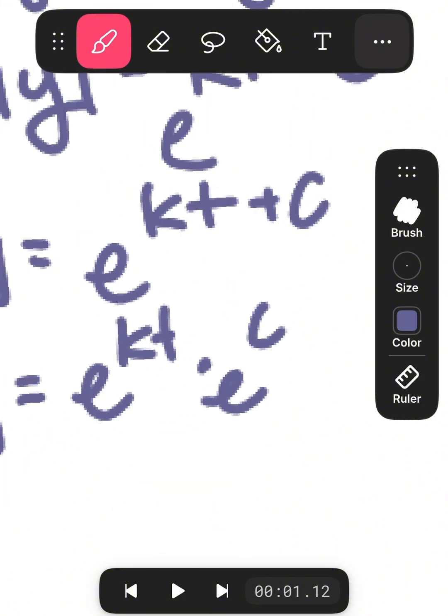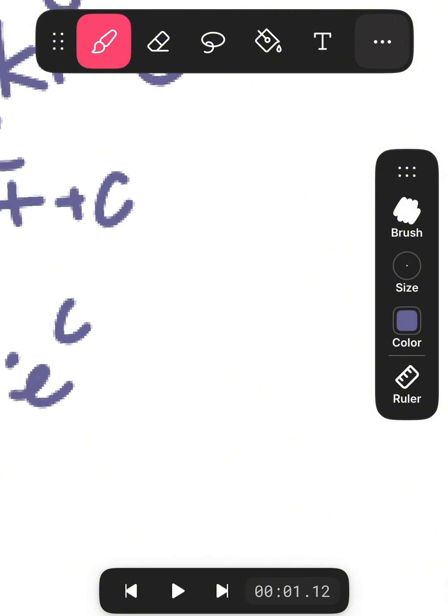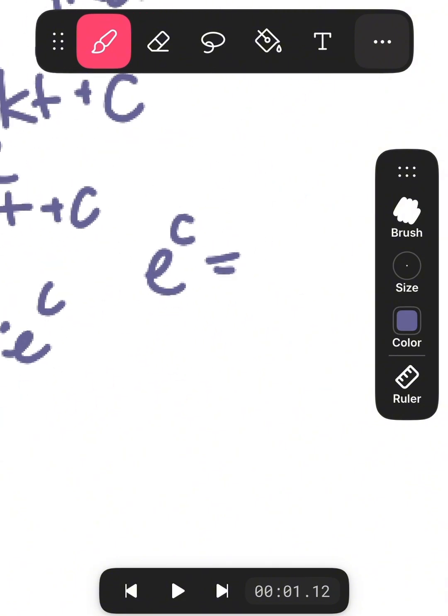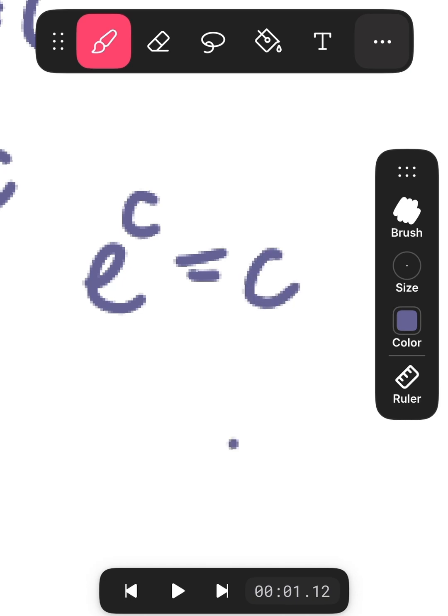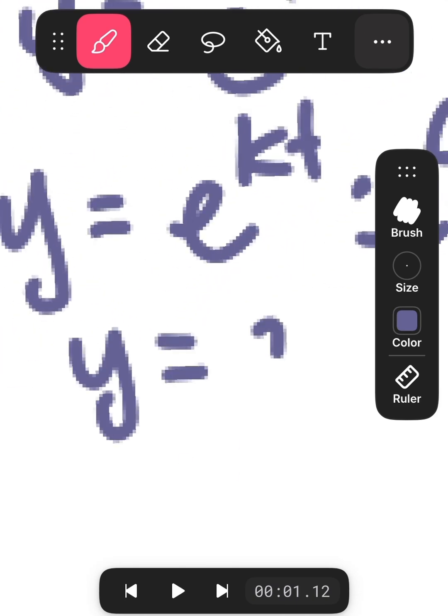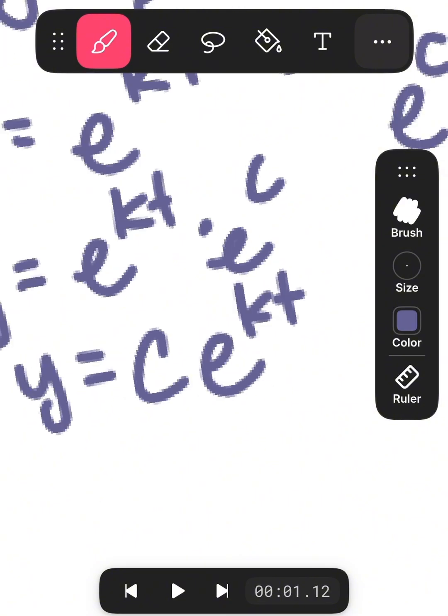This is just how exponentials work, one of the properties of exponential functions that we learned in algebra 2. But I also said that e to the c is equal to c, because any number to the power of a constant is still going to be a constant. So we can say y equals c e to the kt.